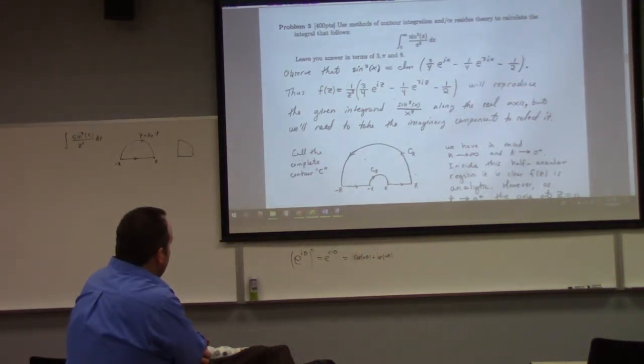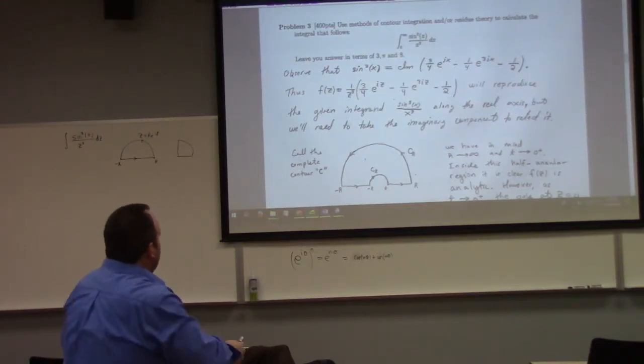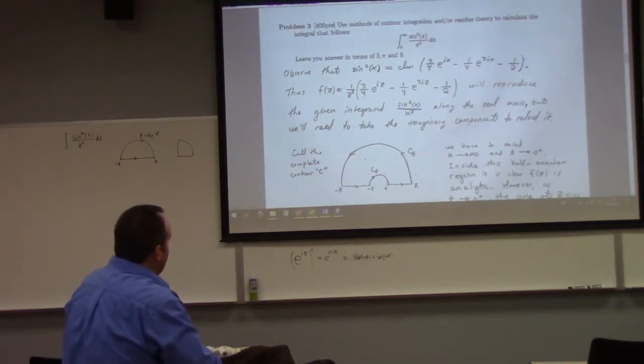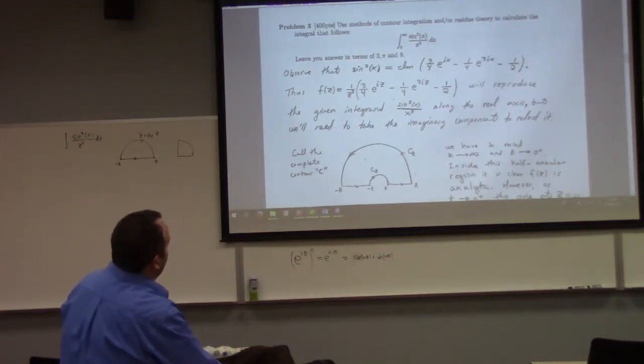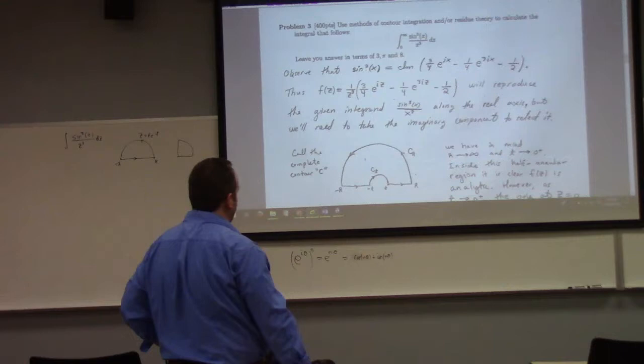I just don't understand why I'm not just looking at, the mysterious thing to me is why don't I just do sine cubed of z like this, and I don't know, there's something I'm missing here about the approach.